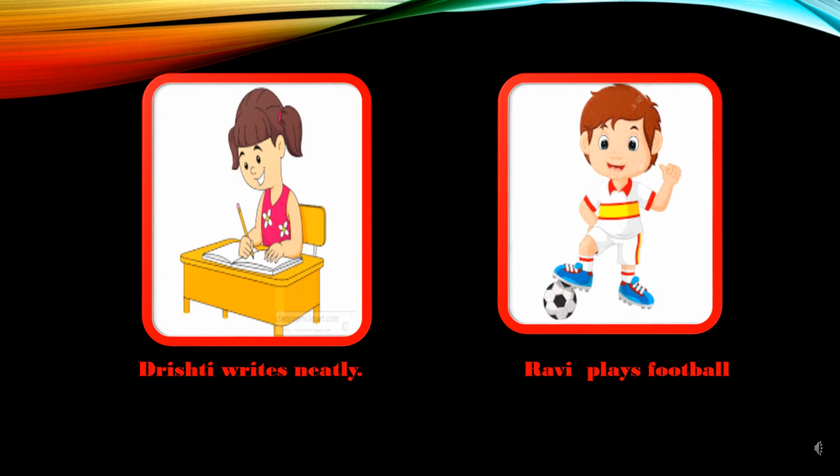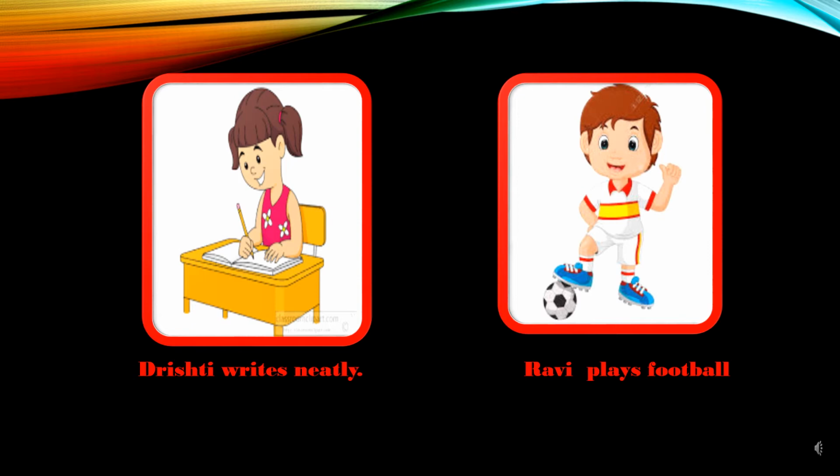In this picture, you can see a little girl. I have named her Drishti. Drishti writes neatly. Now, Drishti always writes neatly. This is present tense. So, Drishti, I am talking of one girl, and the action word is write.